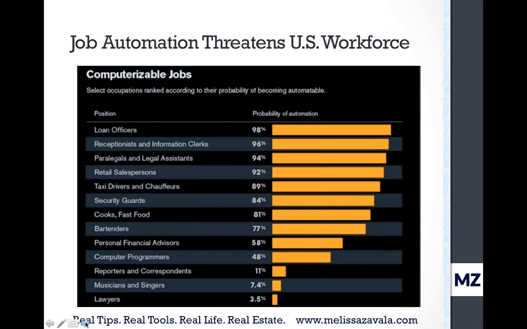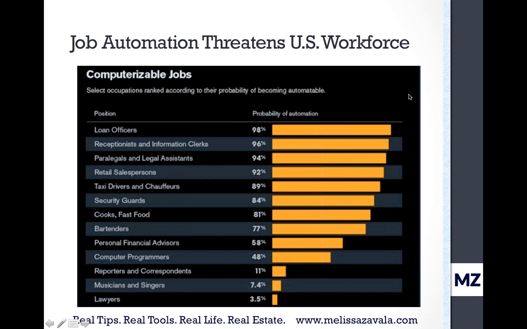If you've heard me speak recently, I've talked a lot about how there have been some recent reports in the news, in Bloomberg and from Oxford University in England, that analyzed 702 occupations across the United States, and they found that there's a significant probability that 50% of the US workforce's jobs will be taken over by a computer.